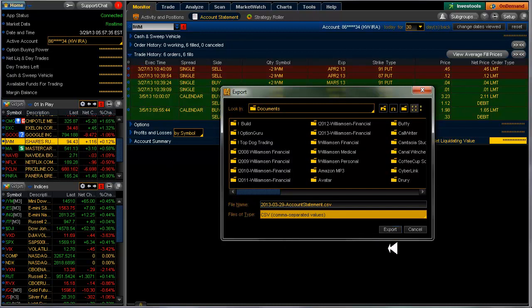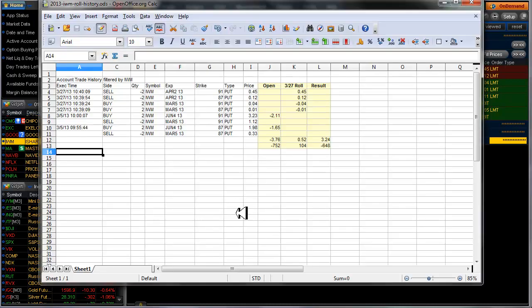Then do an export, and just open it up in either Excel or, as I do, I use OpenOffice, and this is called Calc. It's practically the same thing as Excel, but with one very huge difference: it's free. I think you can just go to openoffice.org if you don't have Microsoft Office, and get the free package, which includes a word processor, presentation, the whole everything is there.